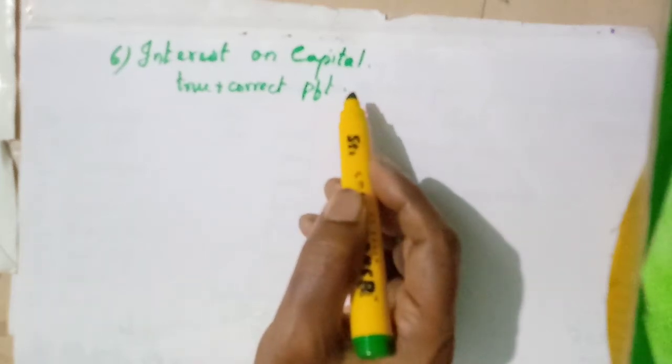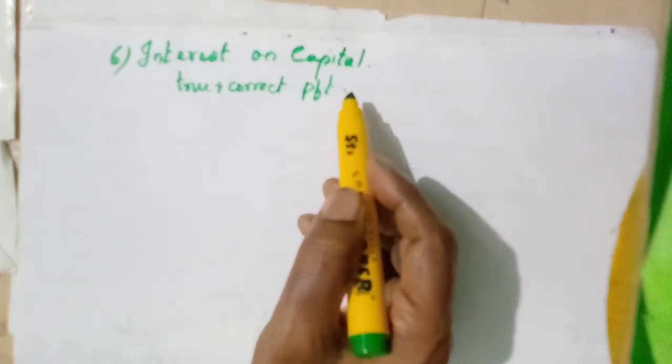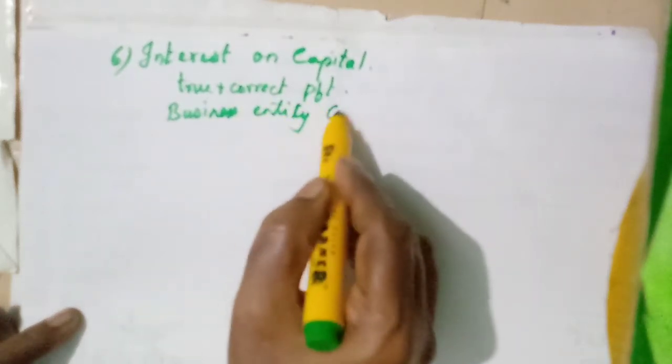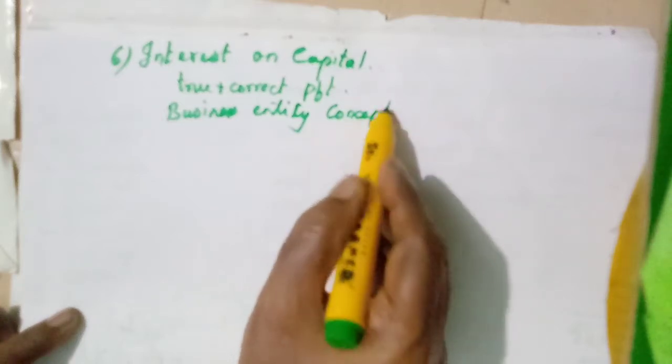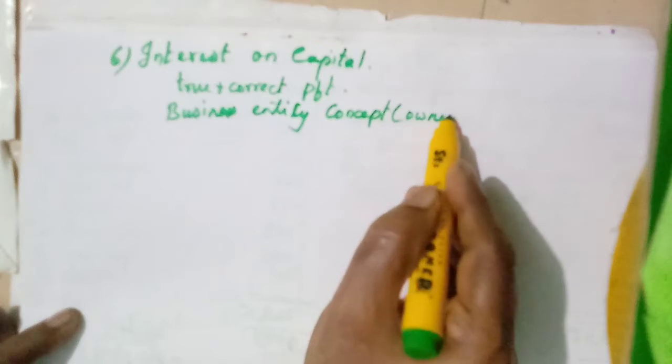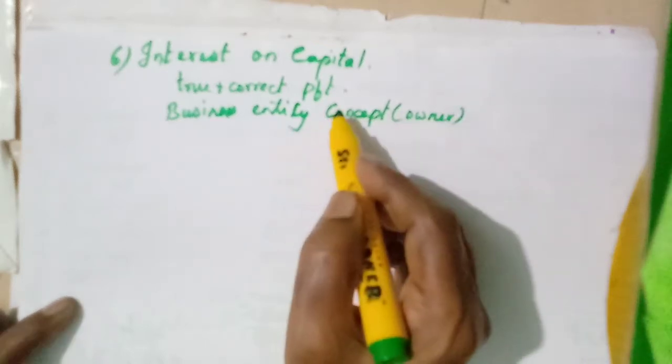And so we have to consider all the expenses. Here we have already learned one concept, that is the first concept, business entity concept. What is the meaning? The business is separate from the owner, and owner is the person who is investing money.